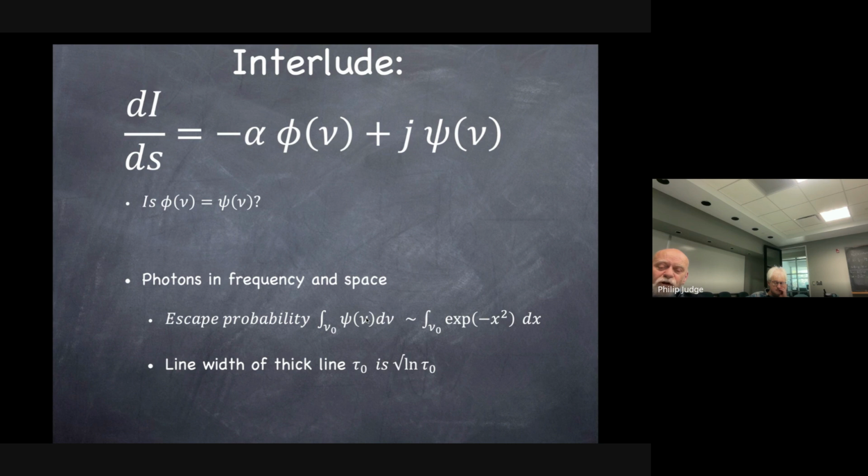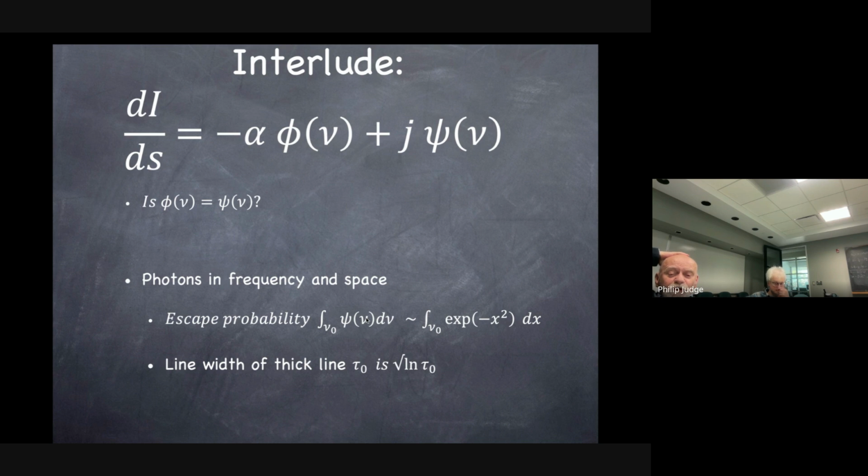Well, if the local optical depth in the line core is very large, then the probability of it actually making it out of there is e to the minus tau, by definition of what the optical depth is.